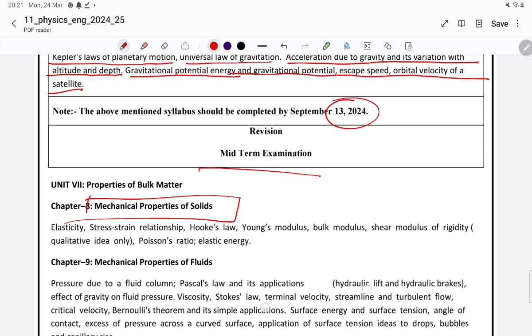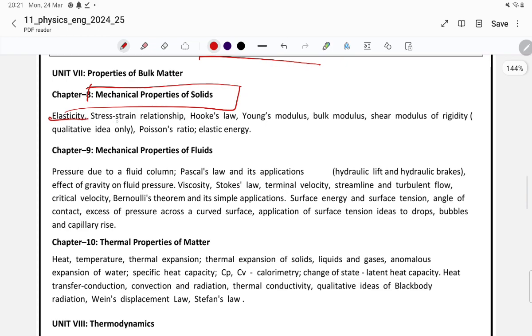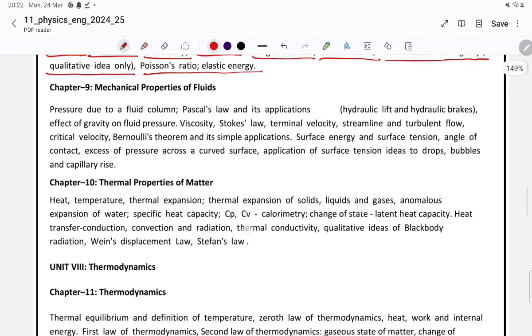Mechanical properties of solids, this is the elasticity, stress-strain relationship, Hooke's law, Young's modulus, bulk modulus, shear modulus of rigidity, qualitative idea only, Poisson's ratio, elastic energy.